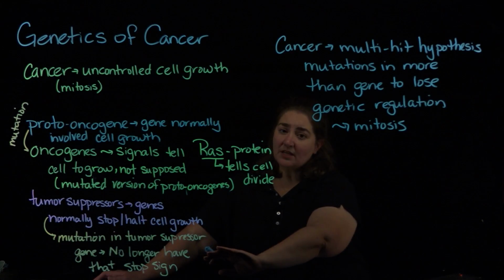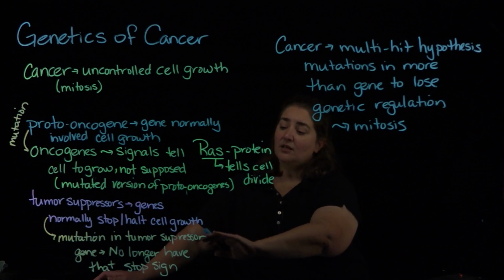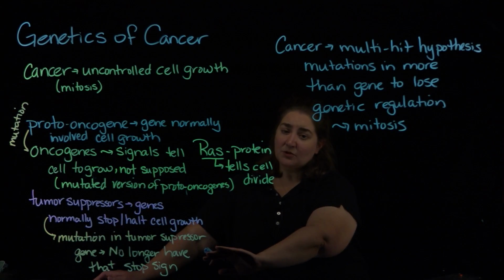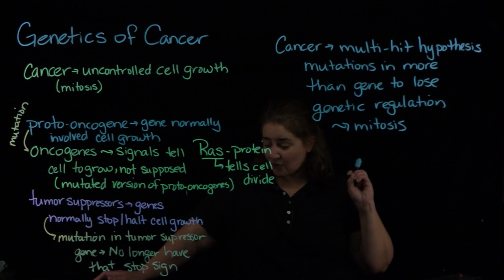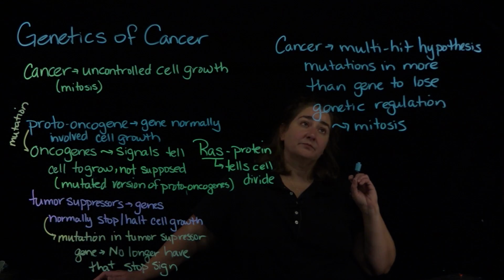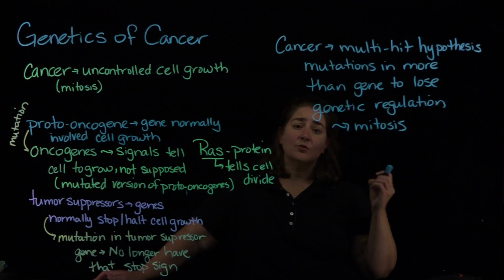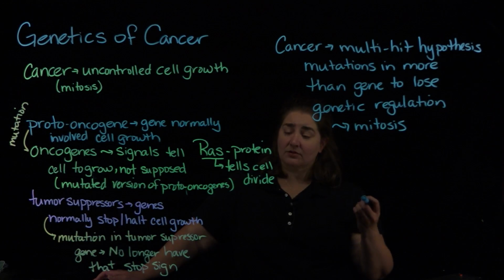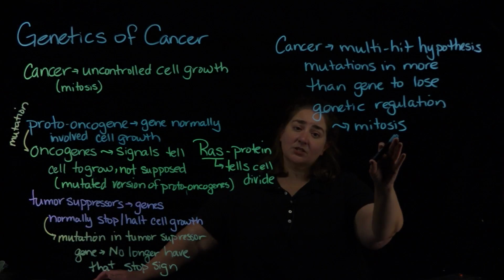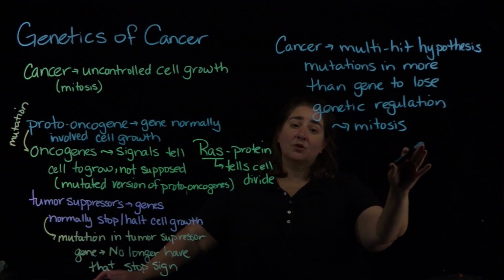So when you get the mutation of a tumor suppressor gene, the mutation that occurs is that the tumor suppressor gene no longer functions. All right? So with cancer, it's not just one mutation typically that gives rise to the process of cancer. You've got multiple mutations that have to happen. That's that multi-hit idea, all right?